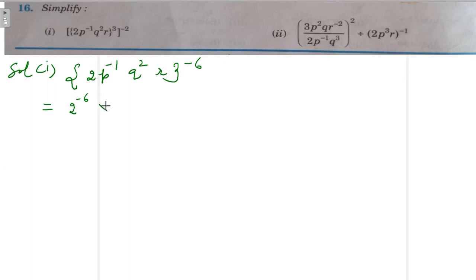This is also raised to power of minus minus plus, this is also power of 6, so 1 times 6, minus minus plus, and q raised to power 6 times 2 is 12, minus 12, right, and r raised to power 6 times 1 is 6, right? Now what would you do?